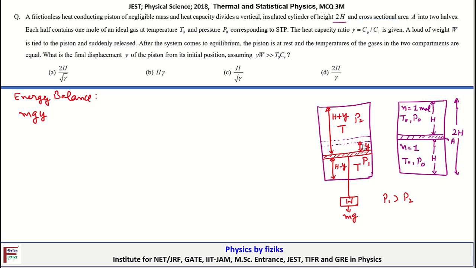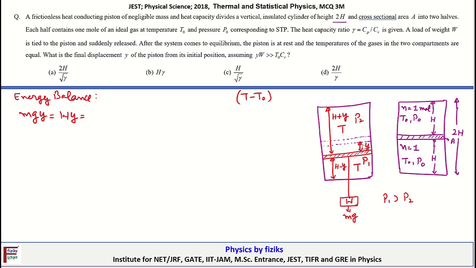We are calling this W, because W is equal to mg, so W into y is equal to the corresponding change in the energy of the gases in the two compartments. Because we have 1 mole in each compartment, the corresponding change in temperature is T minus T naught for each gas.